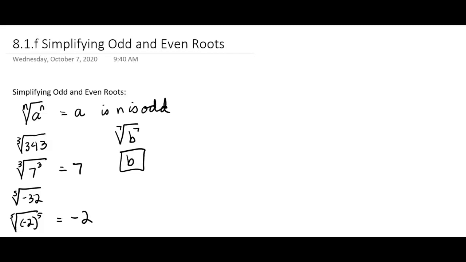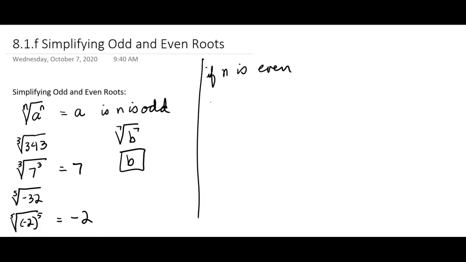Okay, so now what if n is even? If n is even, then it's a little bit different scenario. So let's say we have the square root of 81.